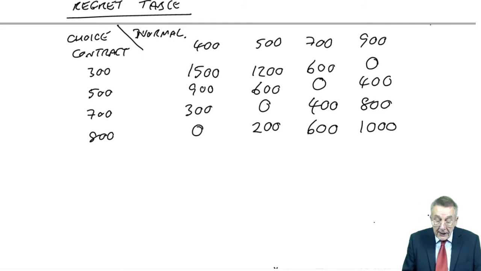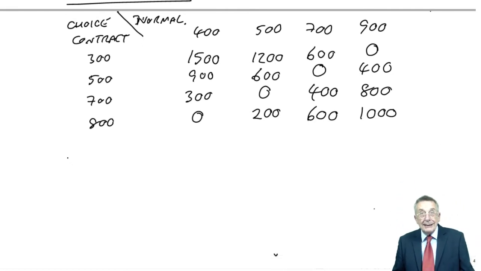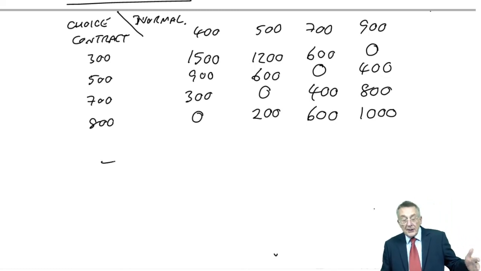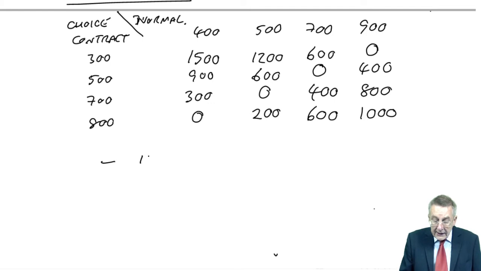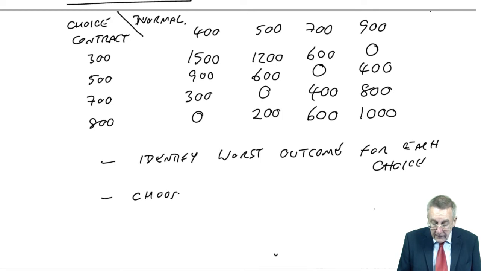And what we do, and the reason it's called minimax regret, we are a risk seeker, and so just like Maximin earlier, we identify the worst outcome in each case, and we choose the best of the worst outcomes.